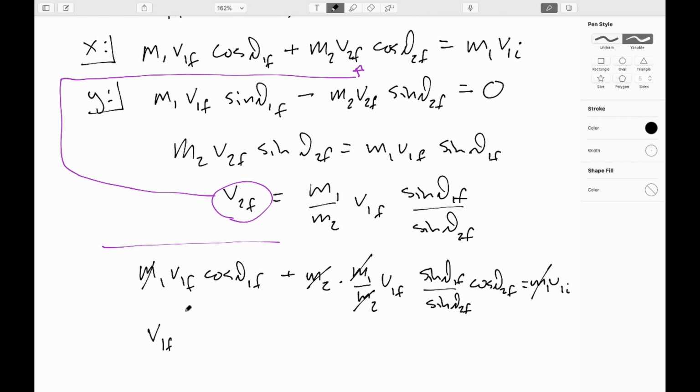So V1 final times cosine theta 1 final plus sine theta 1 final. And here you can make things a little prettier by realizing that cosine theta 2 final divided by sine theta 2 final is cotangent theta 2 final. And that equals V1 initial.